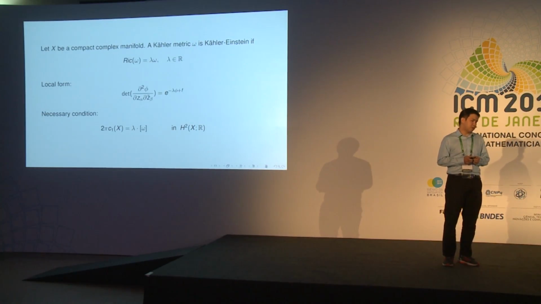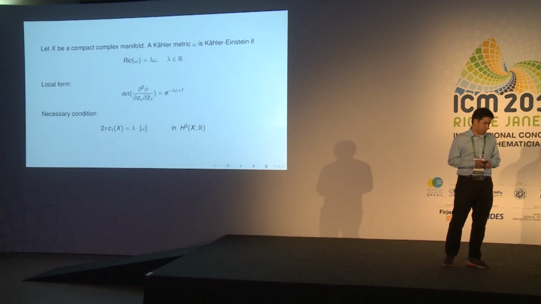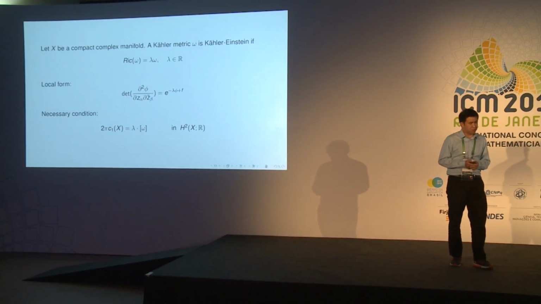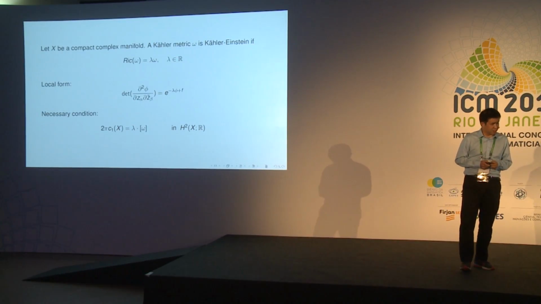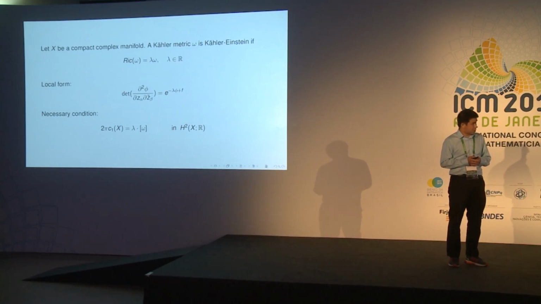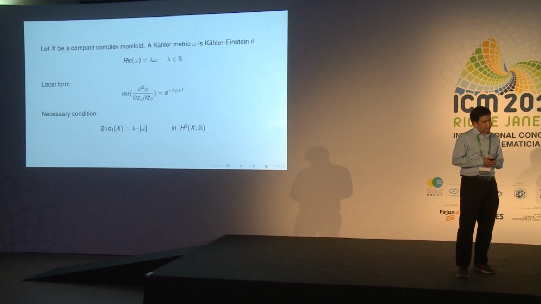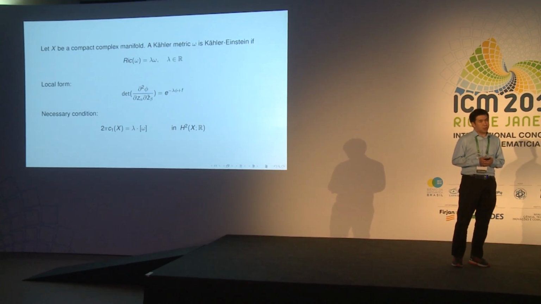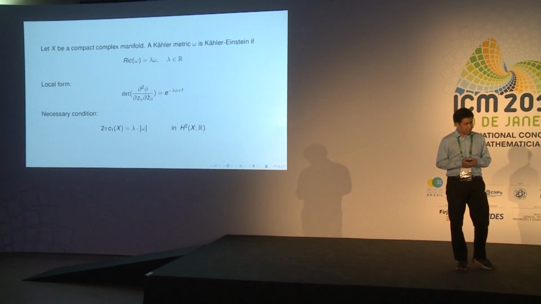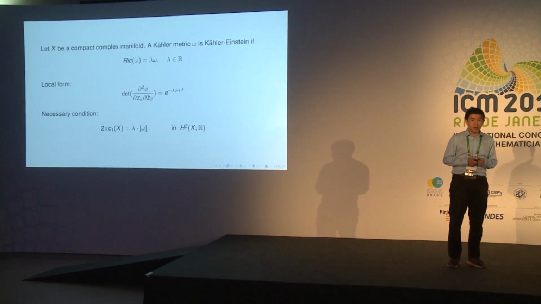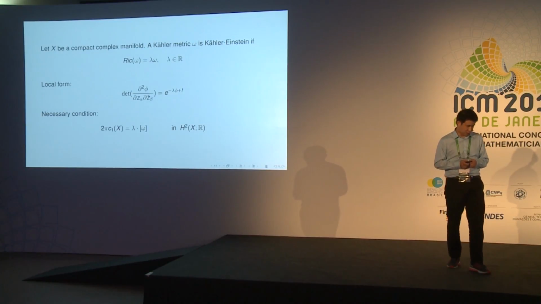Again, when we fix a complex structure, it's always convenient to study the corresponding forms. Just like from the Riemannian metric we get the Kähler form, from the Ricci curvature tensor we get the Ricci form. So this Ric(ω) is the Ricci form of ω. Locally, ω can be written in terms of a potential function, and the Einstein equation can also be written as a single equation on the potential.